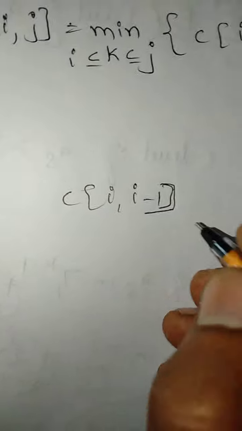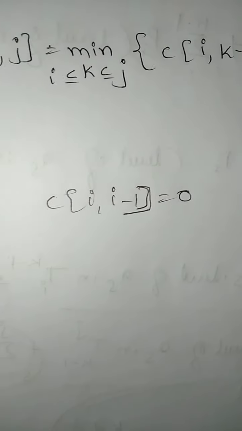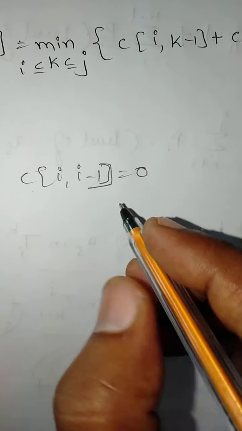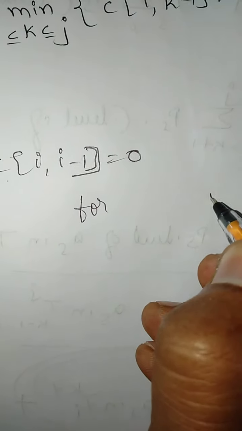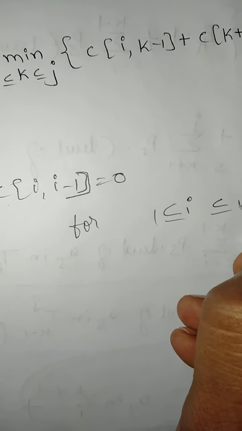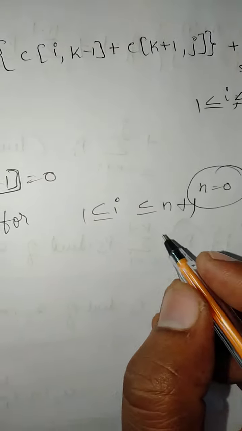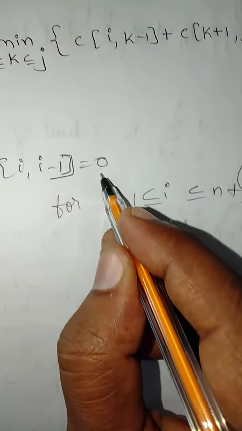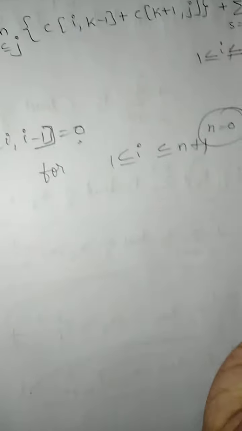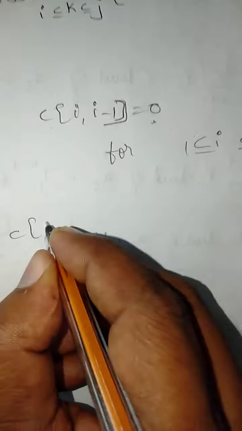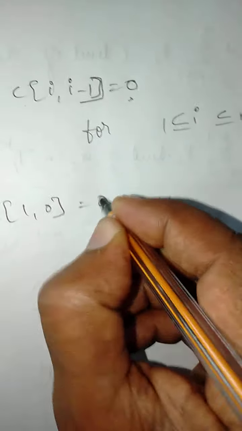It is 0 itself. So C of i comma i minus 1, for i between 1 and n plus 1, we shall write as 0. One example is C of 1 comma 0 is 0.